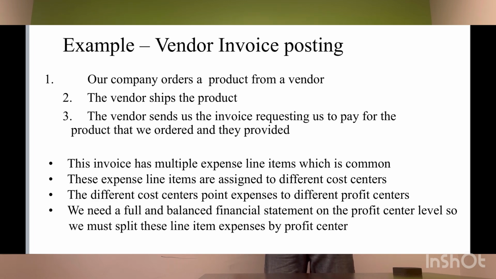The different cost centers within our company point expenses to different profit centers. We need a full and balanced financial statement on the profit center level, so we must split these line item expenses by profit center.